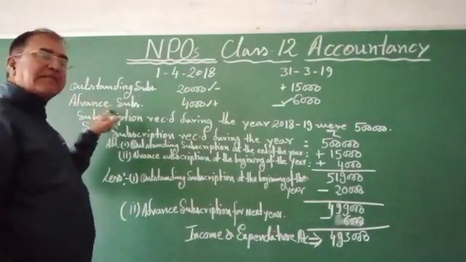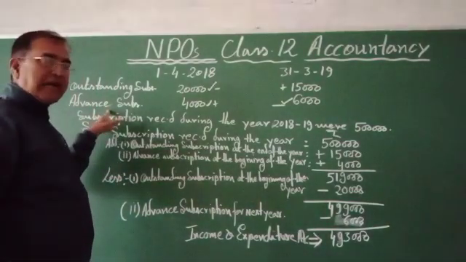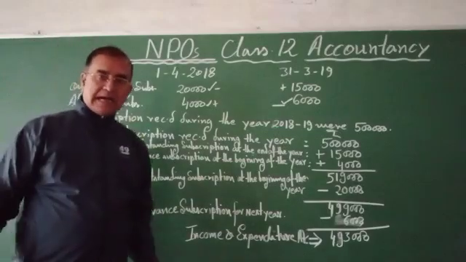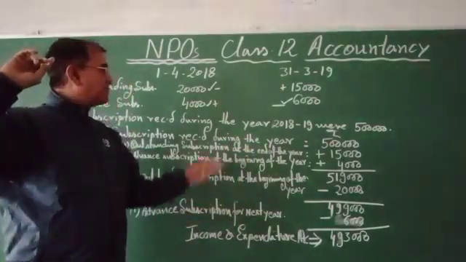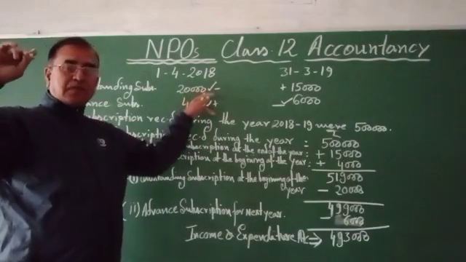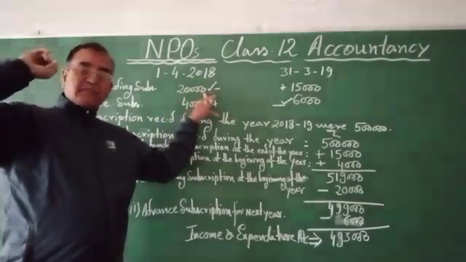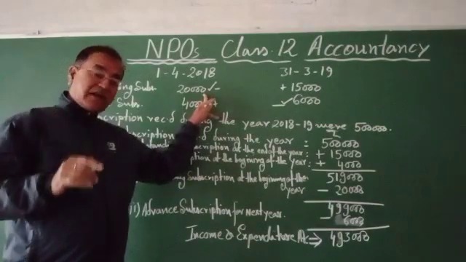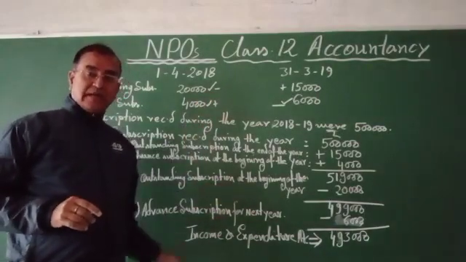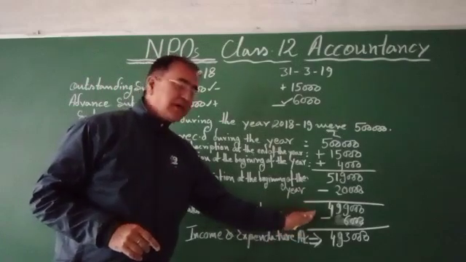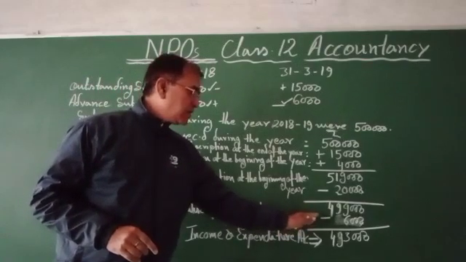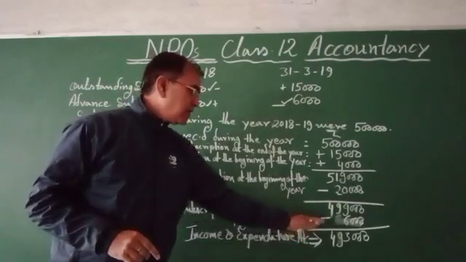The advance subscription at the beginning of the year is added, and in the minus item, the outstanding subscription of the previous year is received in this year, so it is deducted from the total subscription received during the year.